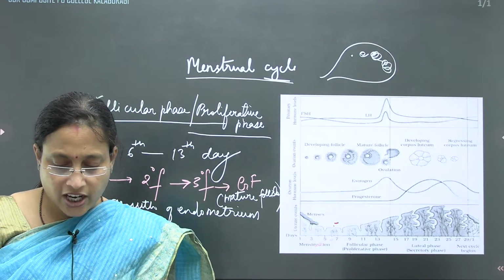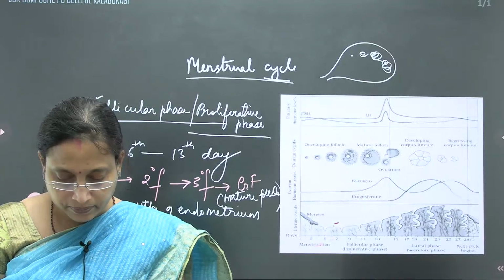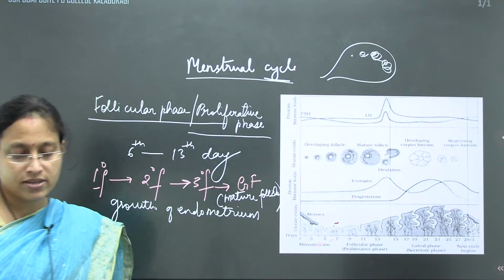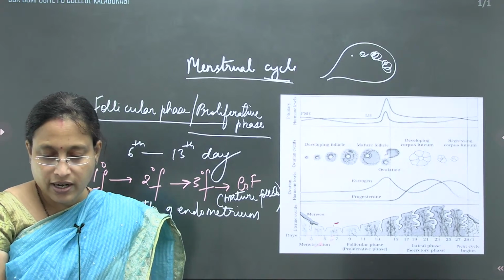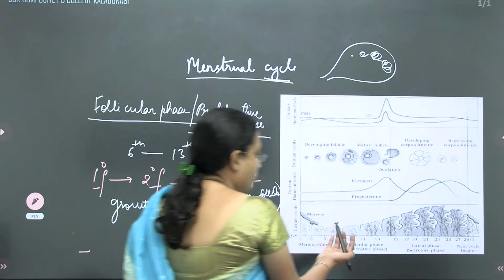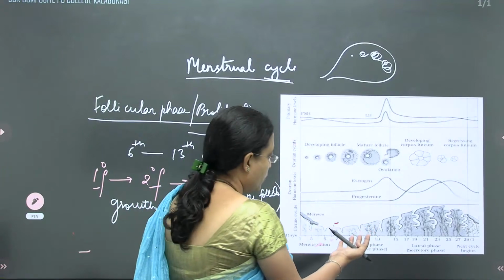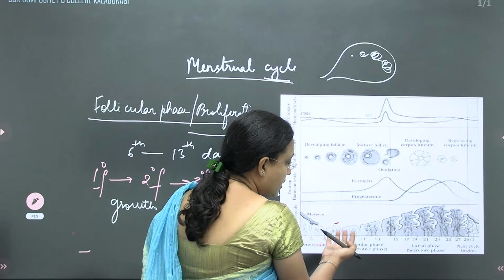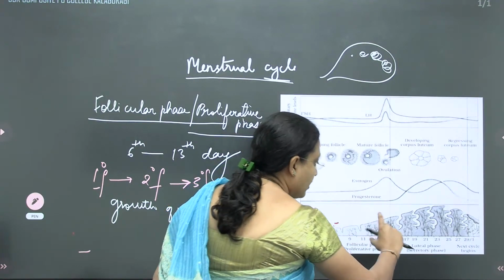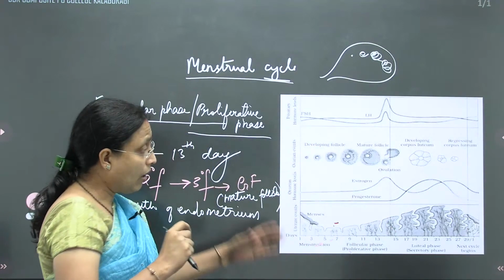Then how is this regeneration possible? Through mitosis, through proliferation. Rapid mitosis occurs, proliferation occurs here. That means the blood vessels grow, and the cells present in the endometrium start dividing fast and become thicker and thicker. And how is that possible?